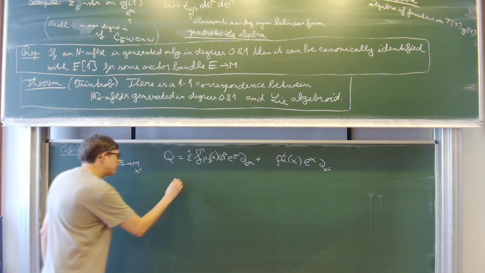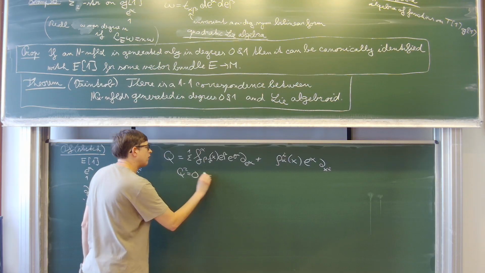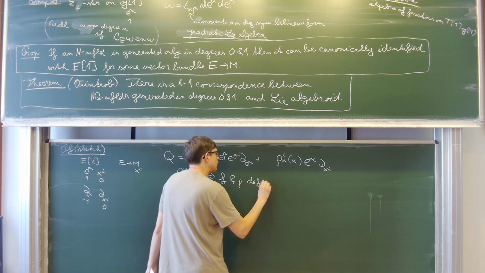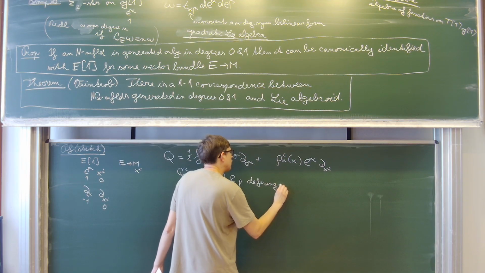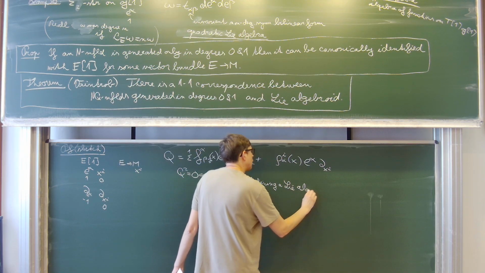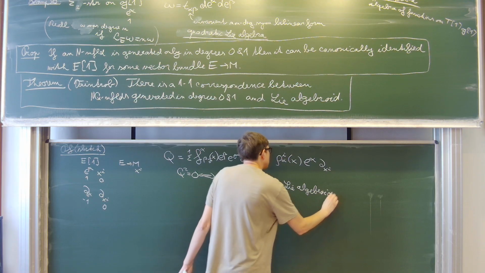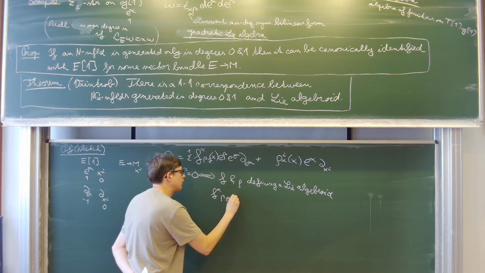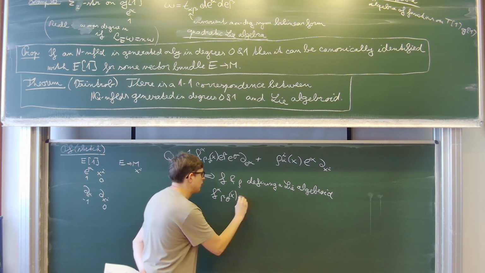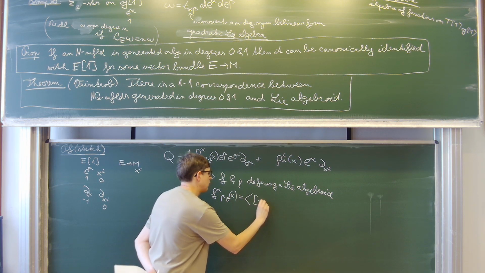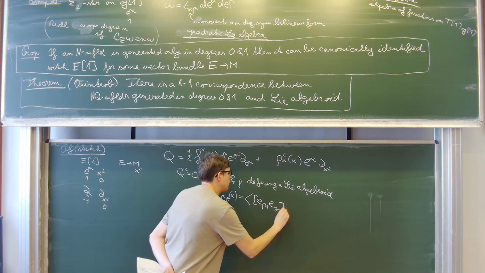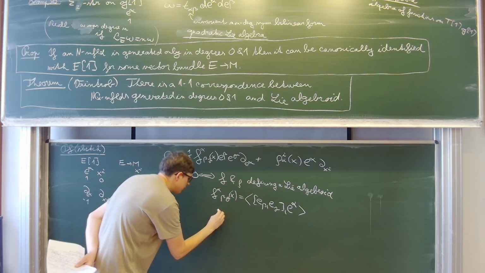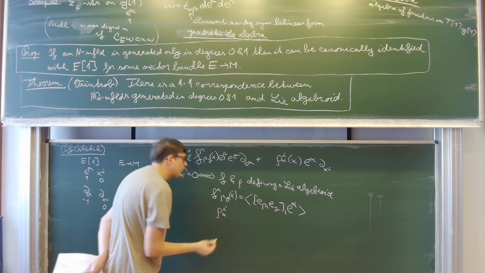So now the claim is that q squared to 0 is equivalent to f and rho defining the Lie algebroid, where this f, alpha, beta, gamma can depend on the position, is simply the bracket of e beta, e gamma, paired with e alpha. And rho, they are the components of the anchor map.